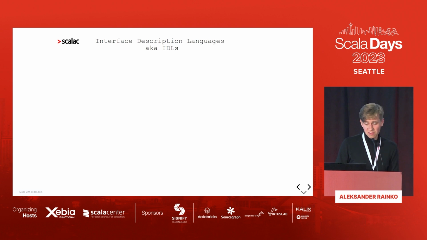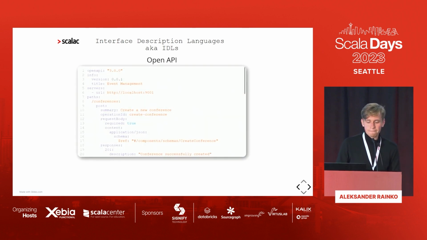IDL stands for Interface Description Language, and an example IDL is OpenAPI. But when I'm talking about IDLs in general, OpenAPI is just an example here. Other examples include Smithy4S, which is a great example for Scala. OpenAPI is a YAML-based IDL for describing REST APIs.